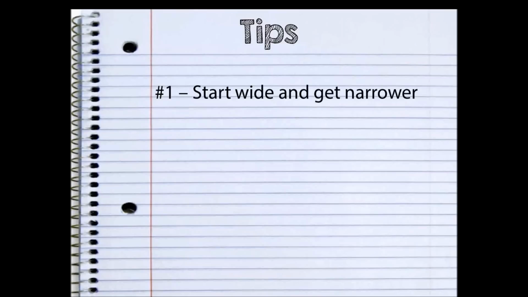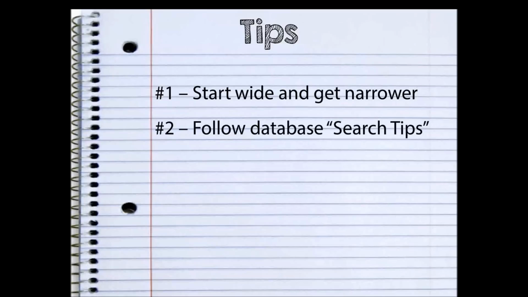So to recap these first steps into searching AmericanAncestors.org, I would again remind you to start wide and to get narrower, because you don't want to be necessarily excluding yourself from that one record that you need to get around your brick wall. Follow the database search tips so that you're able to get the most out of each and every database that we have.